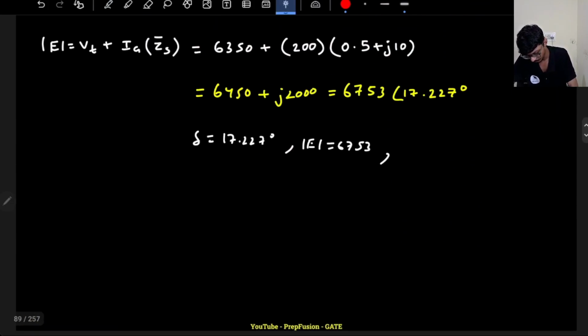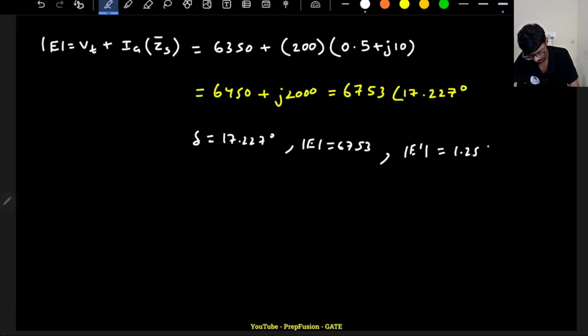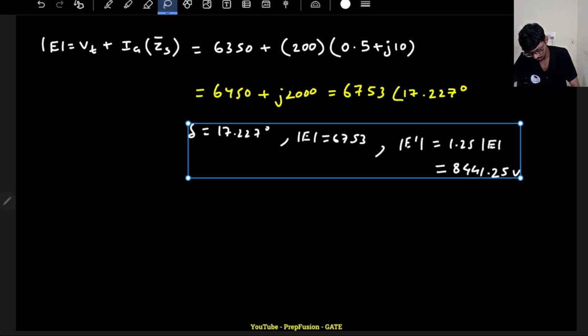So my E dash will be 1.25 times the previous excitation, 6753 into 1.25, so it is 8441.25 volts.